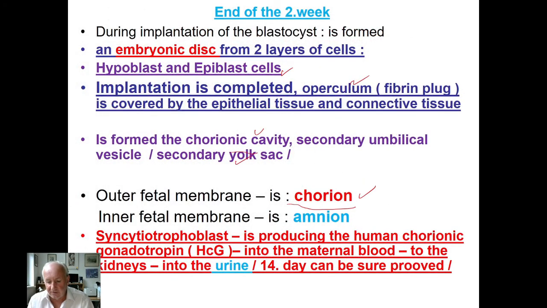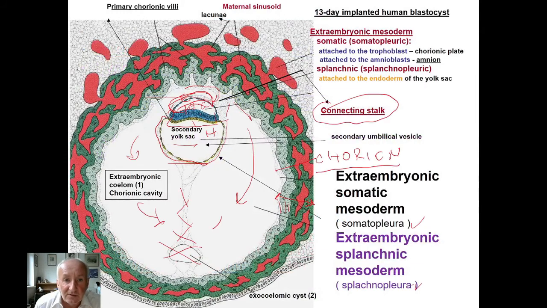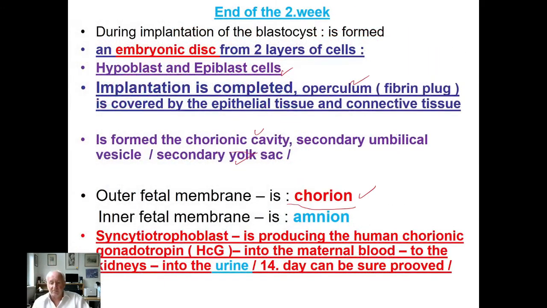And the syncytiotrophoblast, our famous syncytiotrophoblast, here the dark green one, from the 7th day starts to produce human chorionic gonadotropin. The level of this hormone will increase each day, higher and higher, because the syncytiotrophoblast is developing to be bigger and bigger. Then this hormone gets into the maternal blood, by maternal blood to the kidneys, and in the kidneys into the urine.